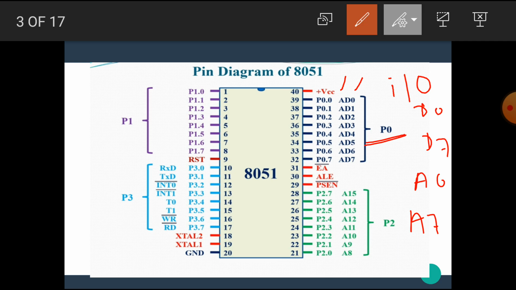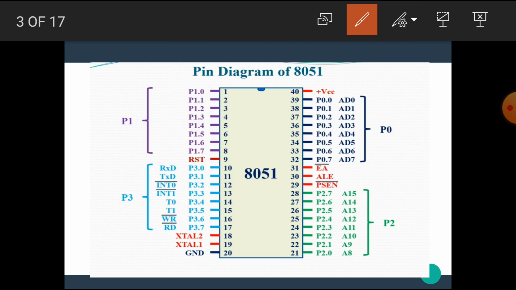Next, the port P1 is used for only the purpose of input or output. The port P2 is used as input or output, as well as it is used to provide address A8 to A15.